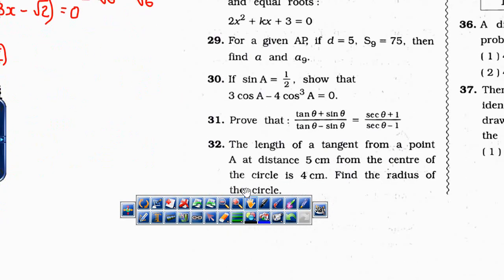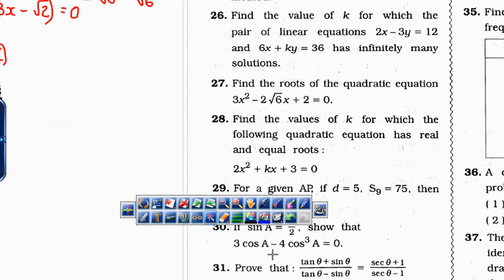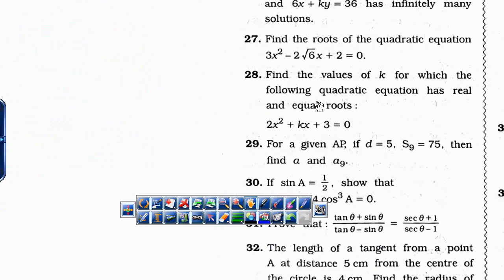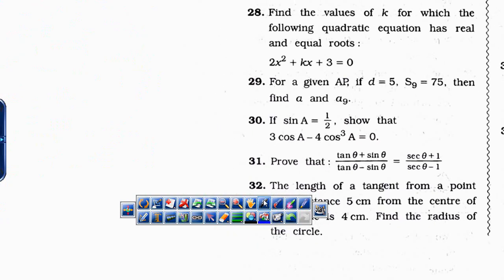28th sum. Find the values of k for which the following quadratic equation has real and equal roots.